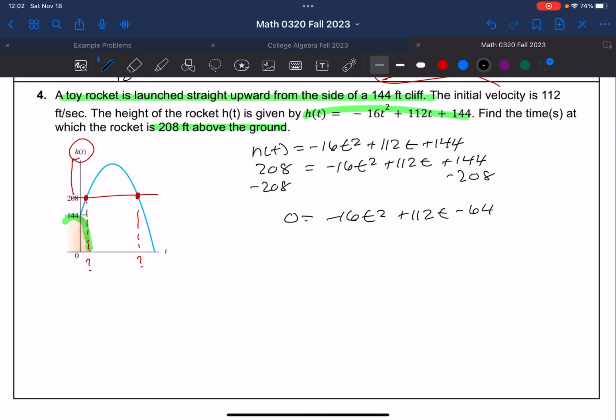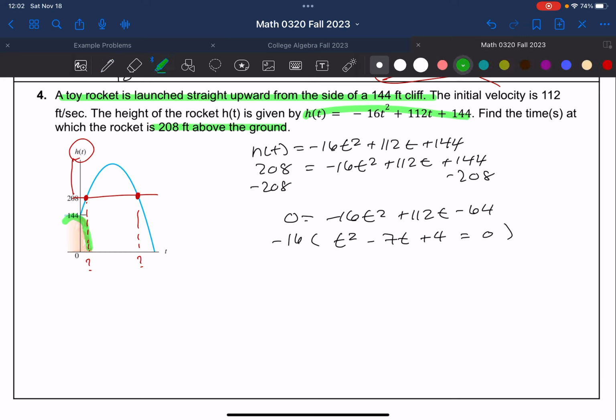Okay. Looking at this, before I can even solve, I notice that I can take out a GCF of negative 16. So I'm going to take out that negative 16, and I'm left with t squared minus 7t plus 4, and then, of course, that's equal to 0.